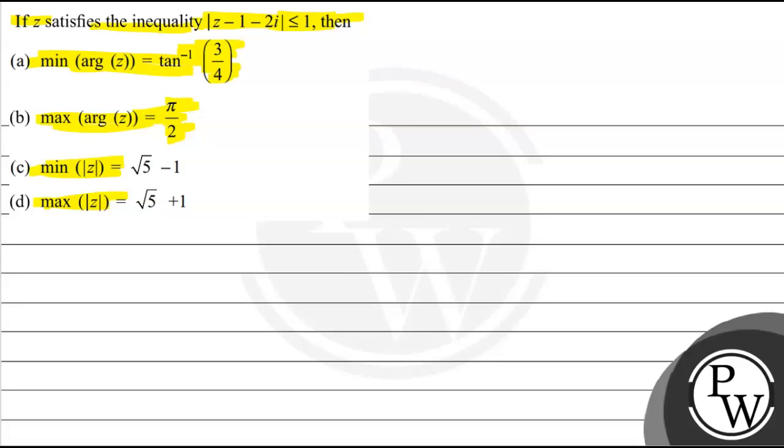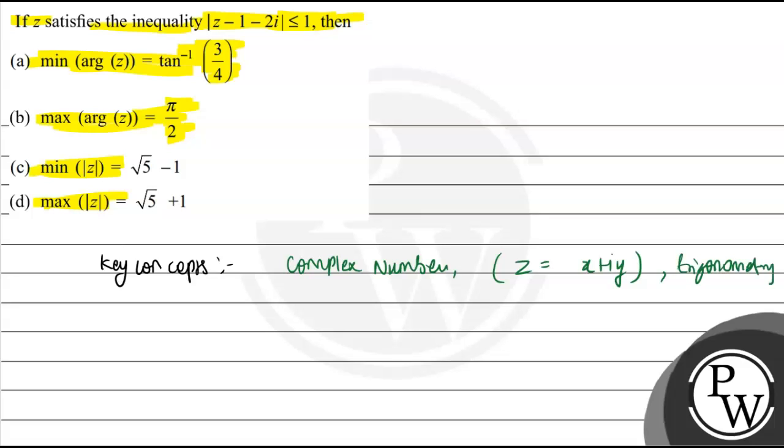We will use this. Before this we should also know what key concepts are used in these questions. The very first key concept is complex numbers. We are using a complex number z in the form x plus iy, and z on the coordinate axis. Then we need an idea of trigonometry and its inverse as well.